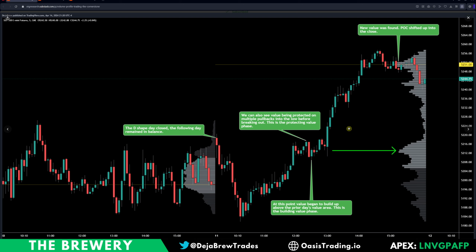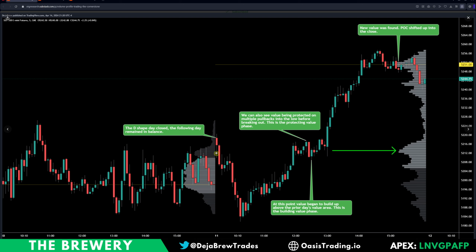Now, a typical trade for this would be as you start to see that price building up that node and protecting it, you can see price begins to fall below the node, but then it gets bought up again. So as you start to see it get bought up off that node as support, you can take that as a break of balance trade with your stop loss below that node.